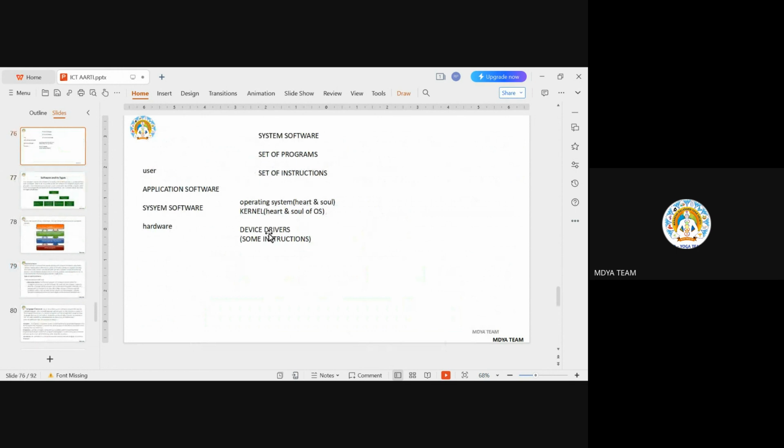Now come to the point. Now you understood device drivers. Next we will understand about the bootstrap, the basic input output system.